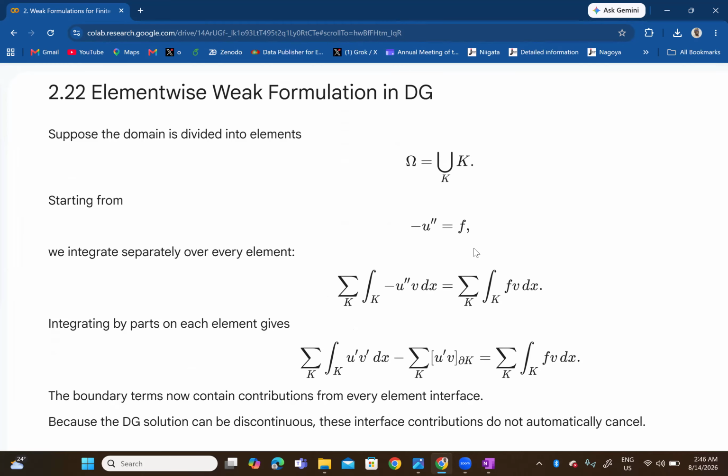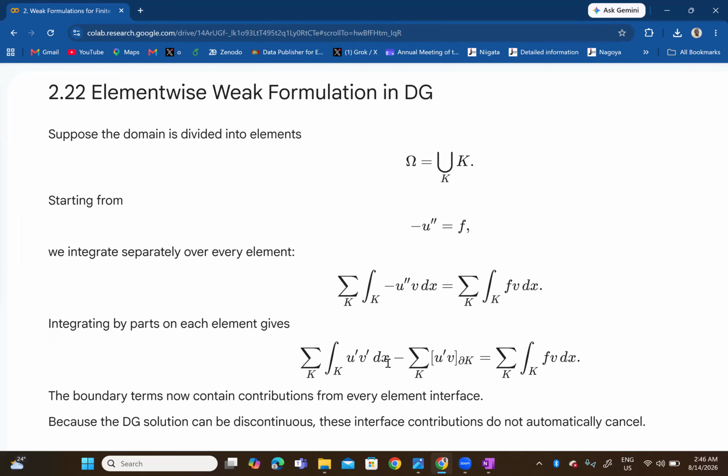So now every element has its own thing, and that is the difference that we have when it comes to discontinuous Galerkin. Integrating by parts on each element will now give this. So we have u prime v prime dx. It's more or less like what we had before, except that now this is happening for every element.